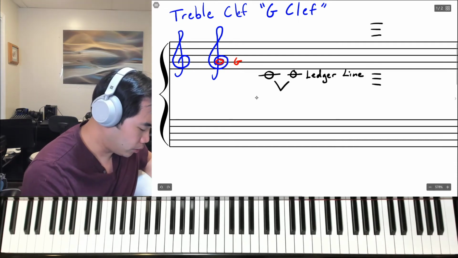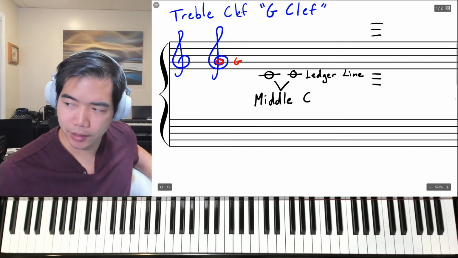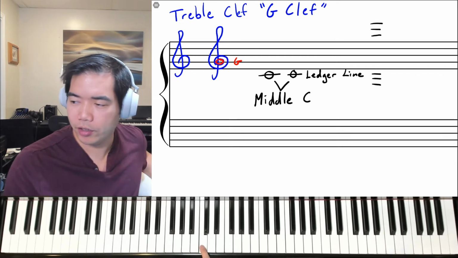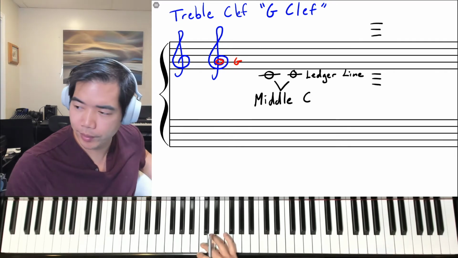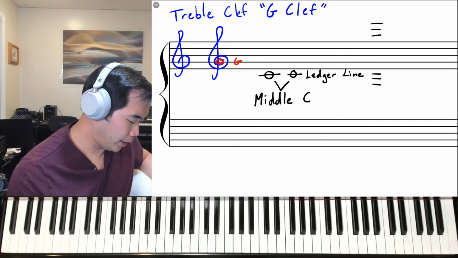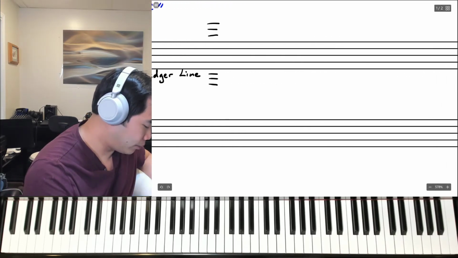These notes are known as middle C, like the letter C, middle C. And middle C is here on the piano, near the middle of the piano, which is why it's called middle C. So now we're going to learn how to read some other notes.